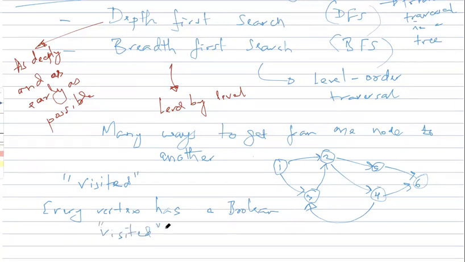Now one may keep the Boolean flag directly inside the vertex, but that may not always be desirable because you are increasing the load of the node by adding one extra field. That has a space overhead, and you may or may not need it.